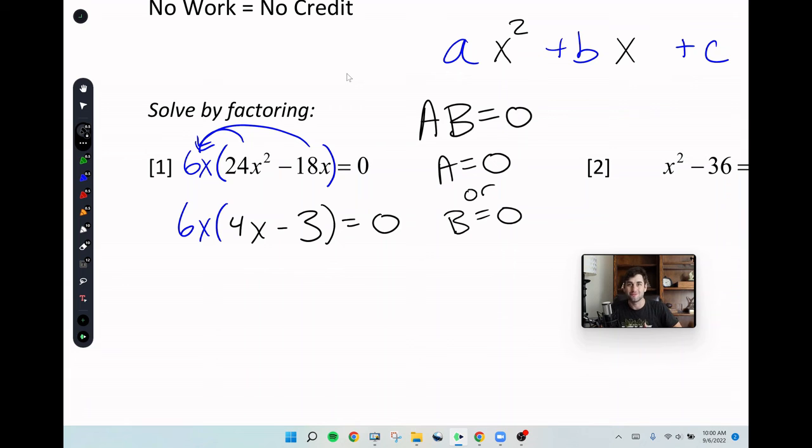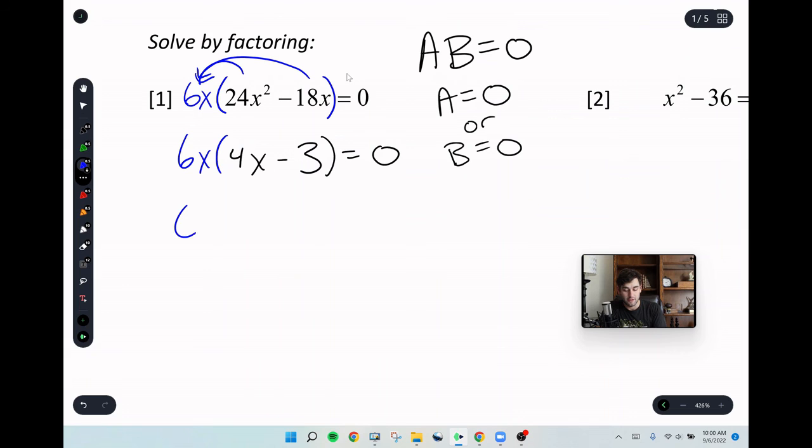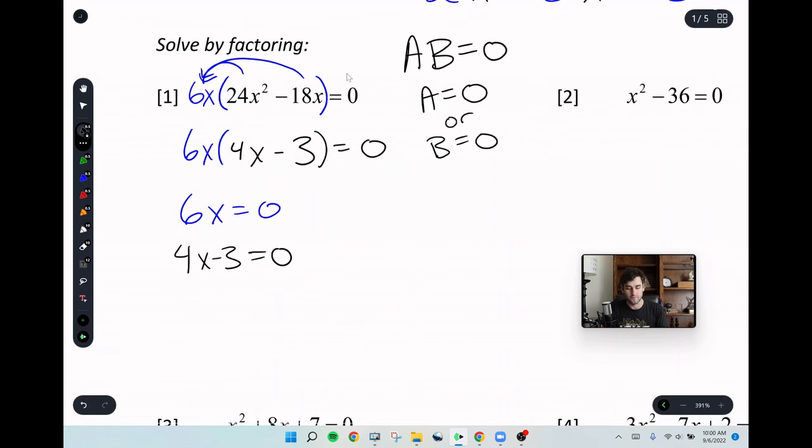Even negatives don't give you 0 without one of those being 0. So we can say 6x equals 0, or 4x minus 3 equals 0. One of those 2 has to be true, or both of them.